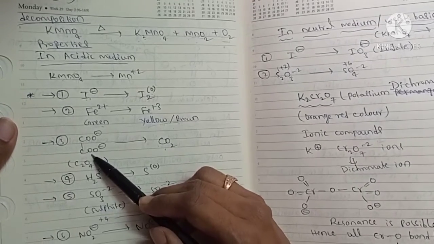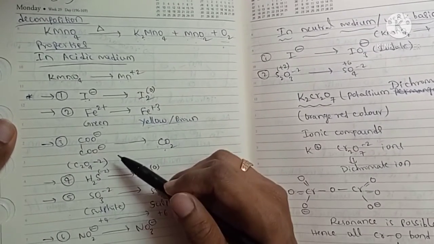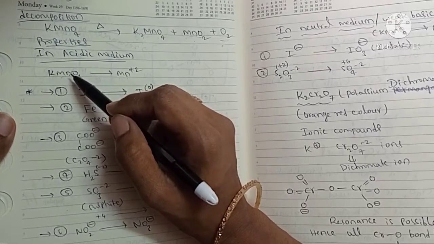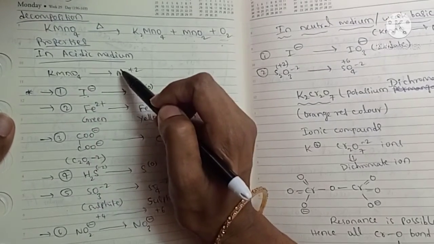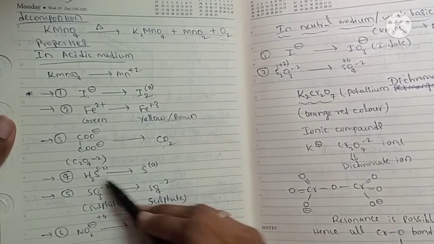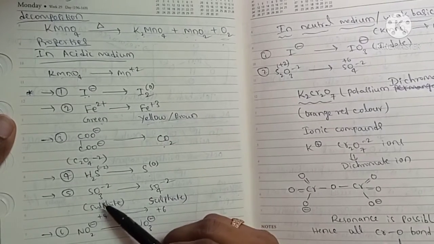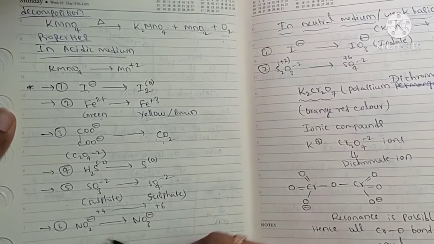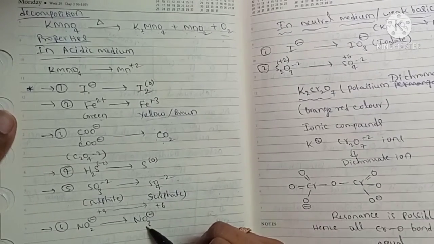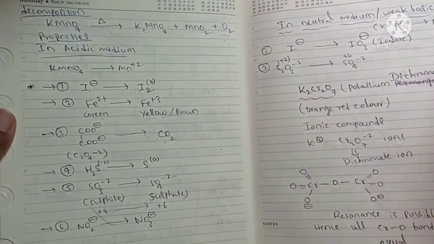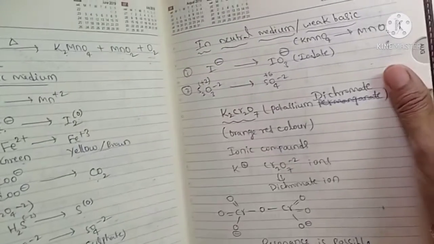So these are all redox reactions where KMnO4 is the oxidizing agent, meaning it undergoes reduction and it oxidizes these substances. So H2S changes into sulfur, sulfite changes into sulfate, and nitrite changes into nitrate. These are some oxidation reactions of potassium permanganate.